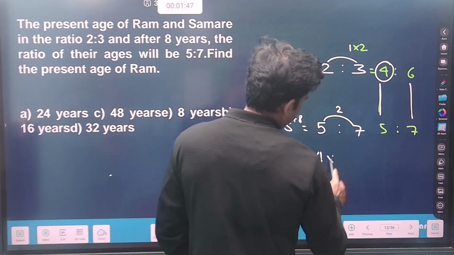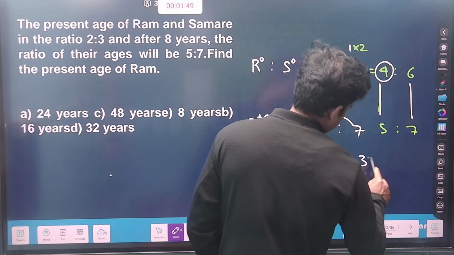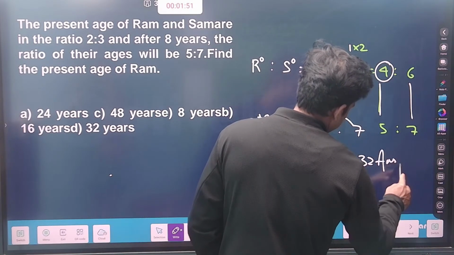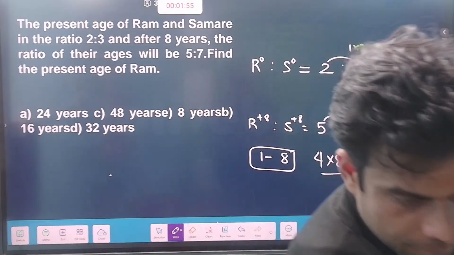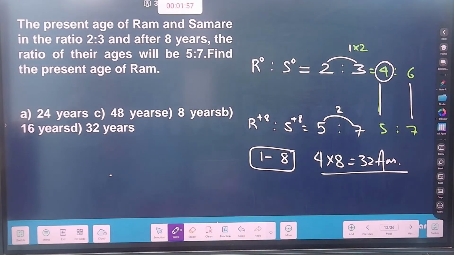So 4 into 8, 32 is the answer. Understood?